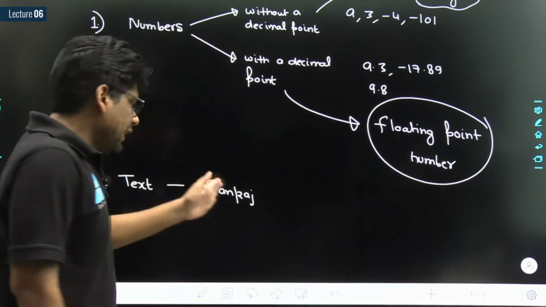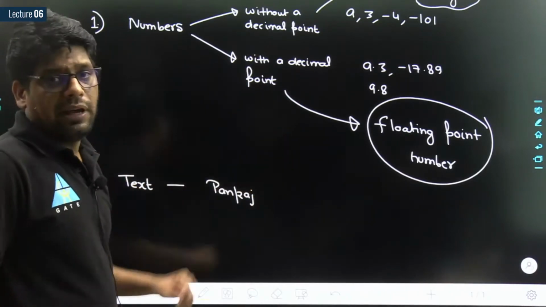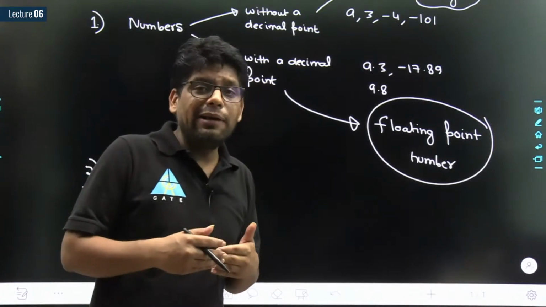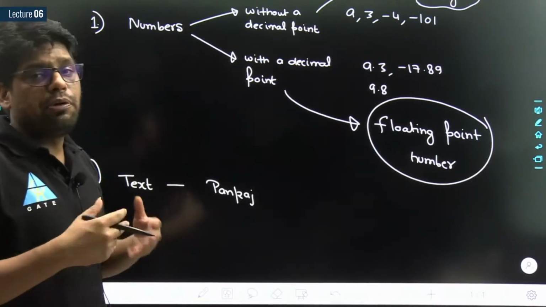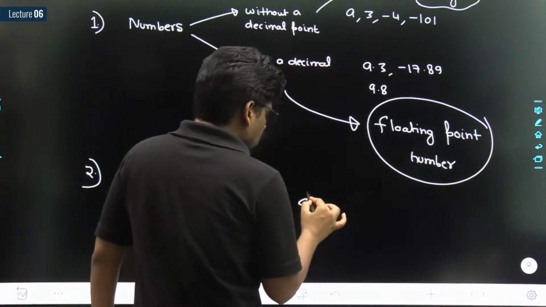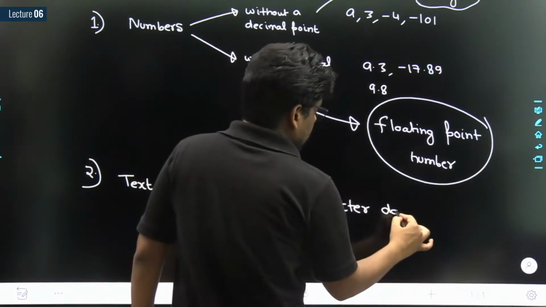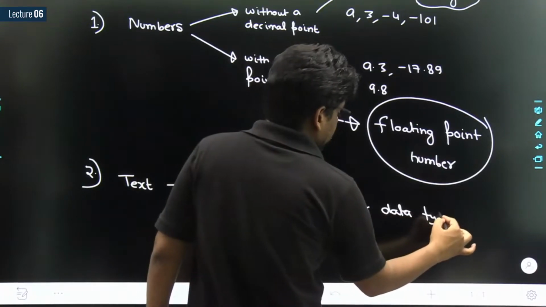And for text kind of data in programming, we have a data type called the character data type.